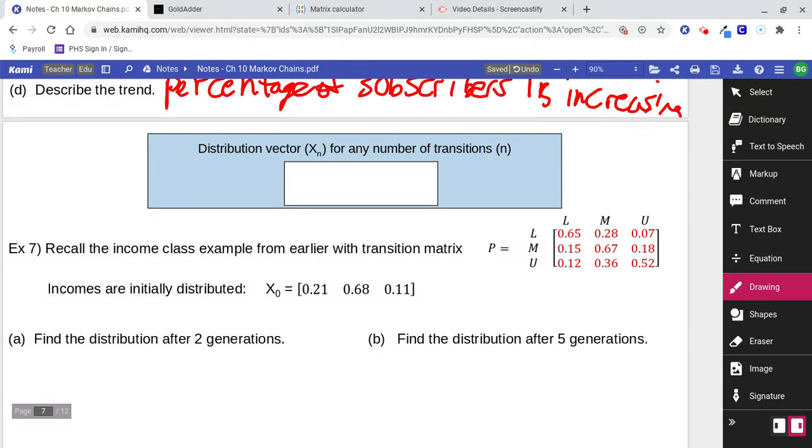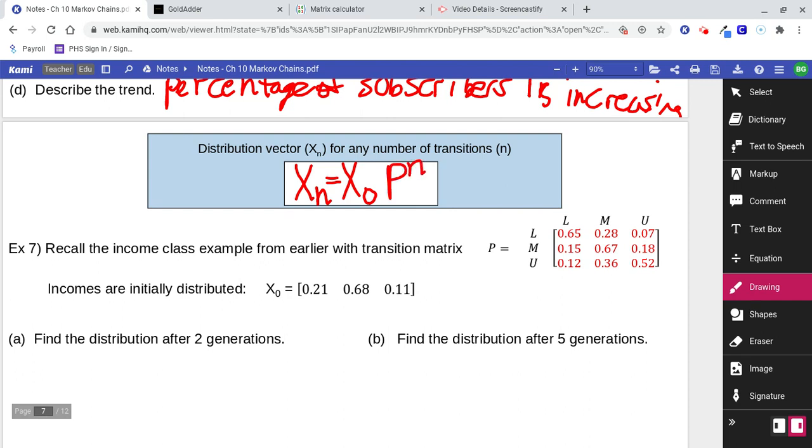Last slide. We've got a formula for finding the distribution vector for any number of transitions. This is important to make sure you get this down. Xn equals x0 times p to the nth power.